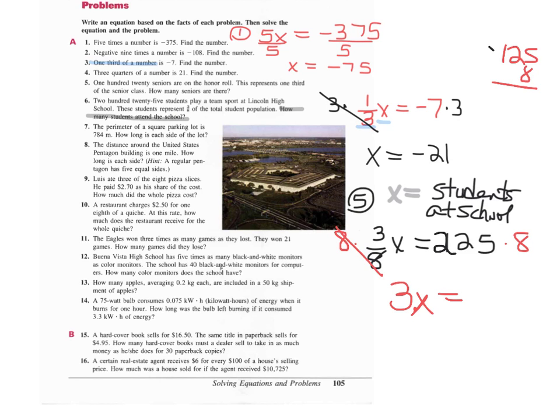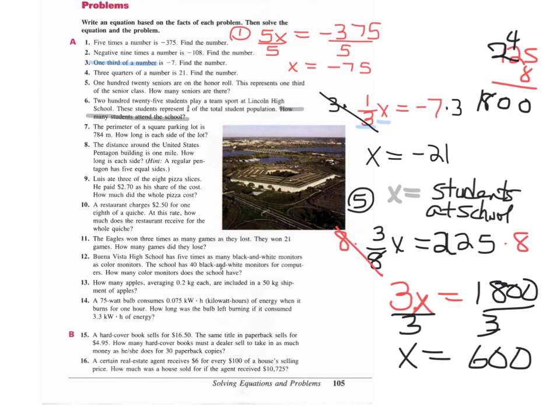And now I'm going to multiply 225 times 8. Anybody get that answer? Is it 1,000? How much is it? 1,800. All right. So now I have to divide by 3, and I find out that of those students in the whole school, 600 of them play a sport.